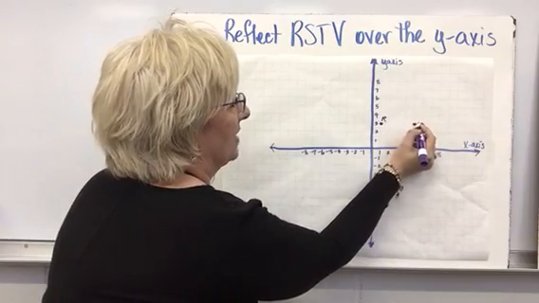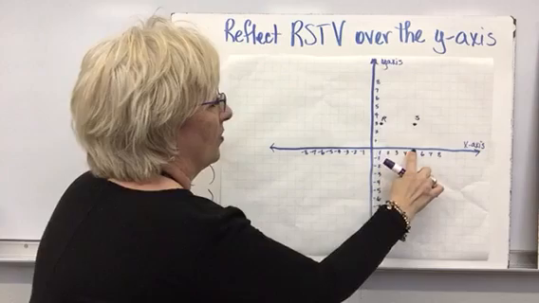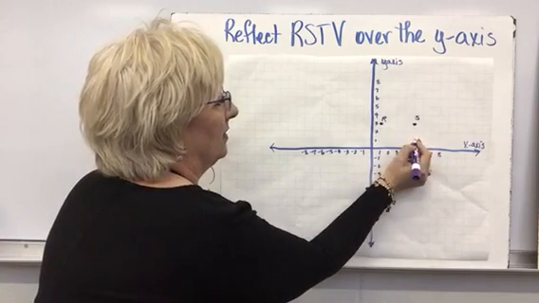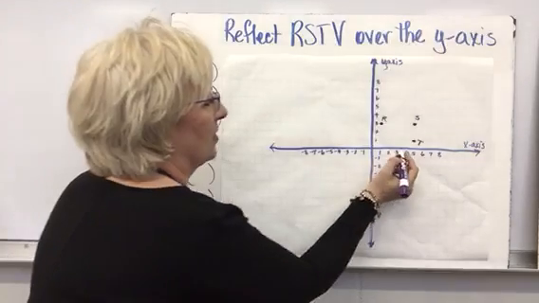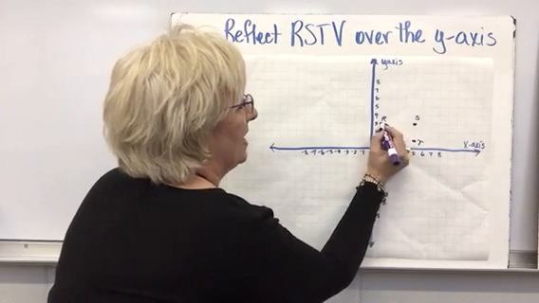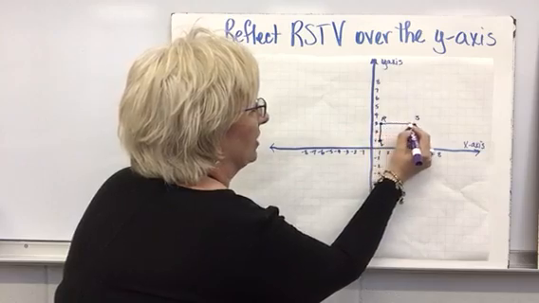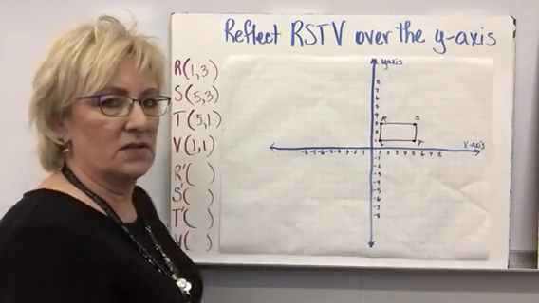This is going to be our S. The T is going to be 5, so we go all the way to the +5 and up 1. This is T, and our V is going to be 1, 1. If I wanted to connect the dots, I could. It looks like a rectangle, which it is.